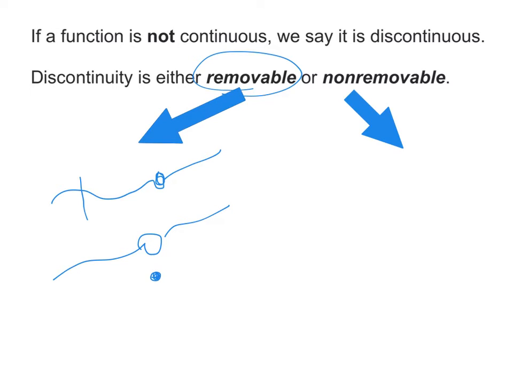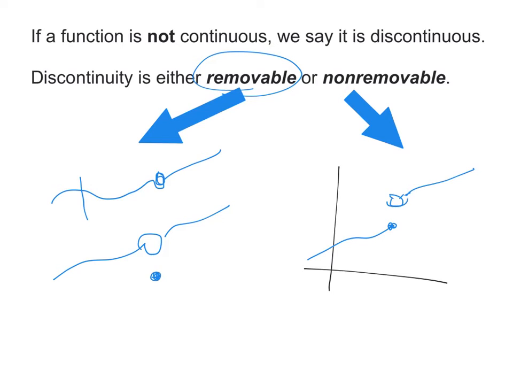A non-removable discontinuity might be if I have a piecewise function. So I may have some sort of function that's coming along, and one piece comes along like this, and it stops right here, and then the next piece picks up at that point and goes on up here.